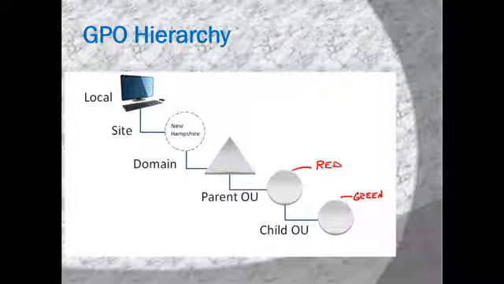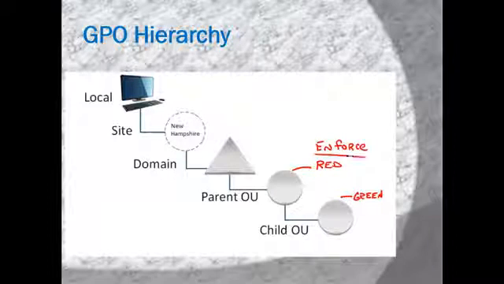But on the parent GPO, I'm going to set what they call the enforce. If I set the enforce, then no matter what the child does, it doesn't matter. When I log on to this child organization, because the enforce is set on this GPO, my actual wallpaper is going to be red. Because the enforce is going to override that other GPO.